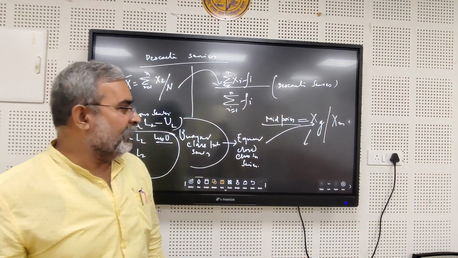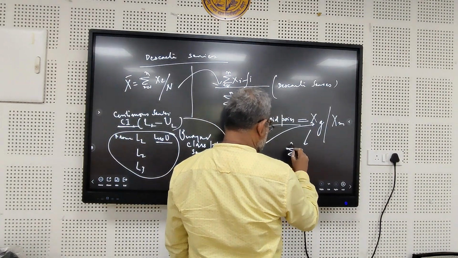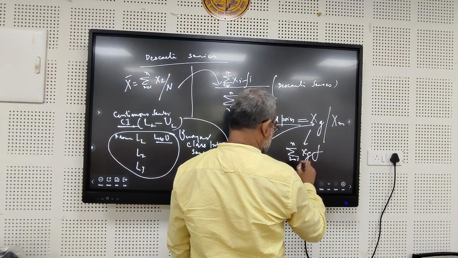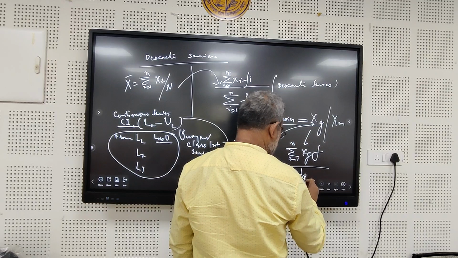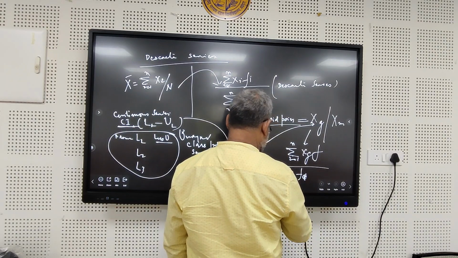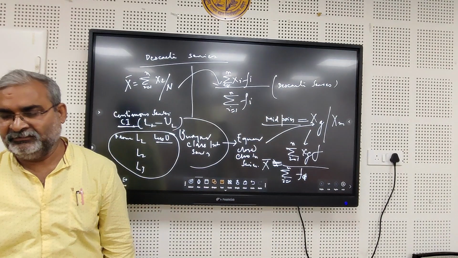Now you put it here: summation of fi xg divided by summation fi. It represents the arithmetic mean for the continuous series.